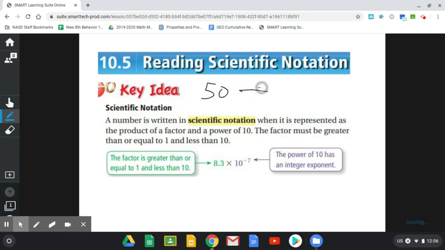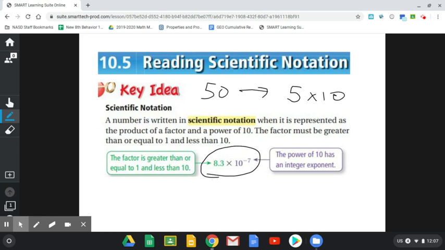We could rewrite that number 50 as factors. We could break it up into two factors, 5 times 10, okay? And that's all scientific notation is doing. It's taking a really, really big or really, really small number and breaking it up into two factors. All right. And that's what we're looking at down here with this number, 8.3 times 10 to the negative 7.